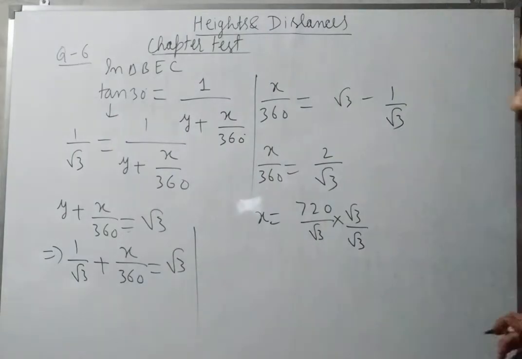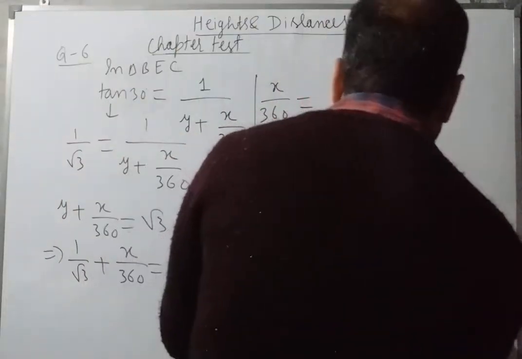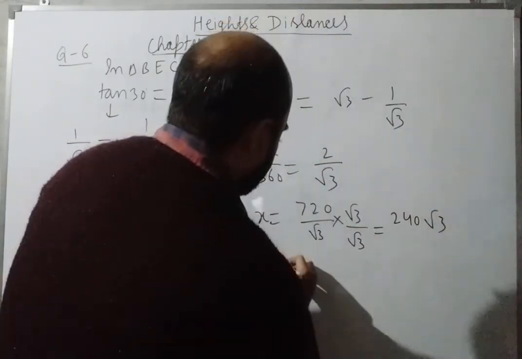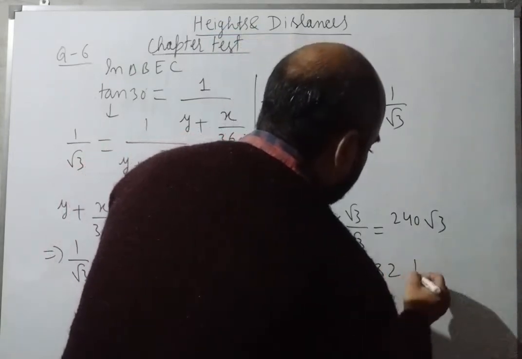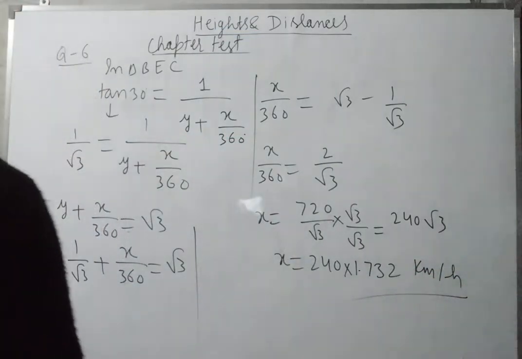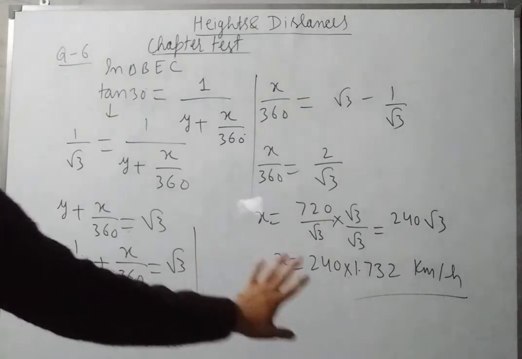So root 3 into root 3 is 3. So we can cancel, this will become 240 root 3. Now you can multiply, that will give the answer 1.732 kilometer per hour. Why? Already we have taken the speed as x kilometer per hour. So that will give the answer.